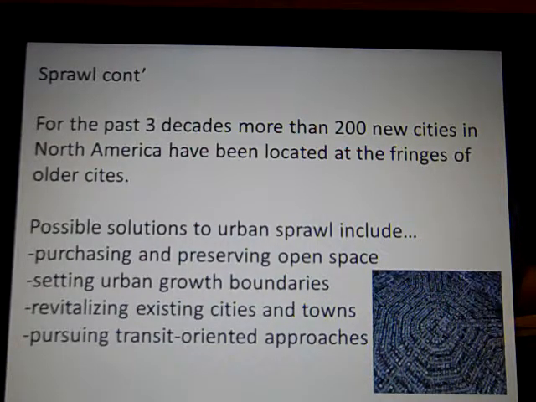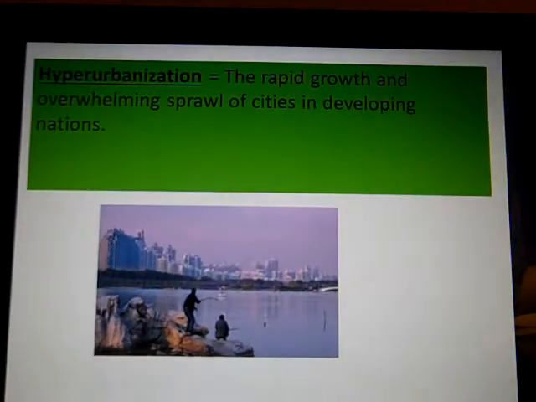I think I called it regentrification by accident in class the other night. I got in a hurry to make a point. Gentrification, the idea of revitalizing these cities and towns, and pursuing transit-oriented approaches. And the last term we'll talk about is hyper-urbanization, the rapid growth and overwhelming sprawl of cities, not just within our country, but also in developing nations, like on the Asian continent and on the African continent and in India.